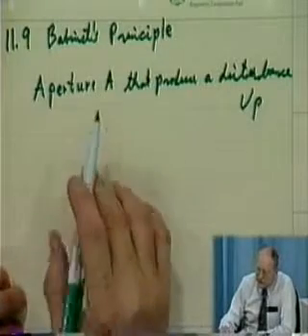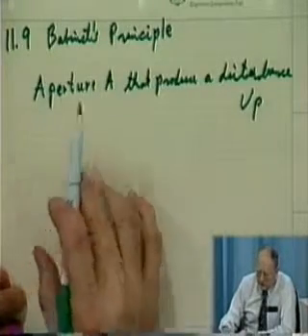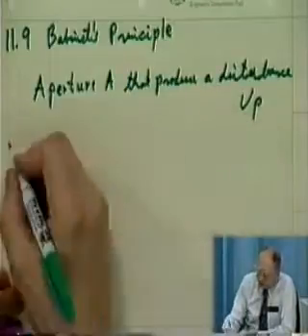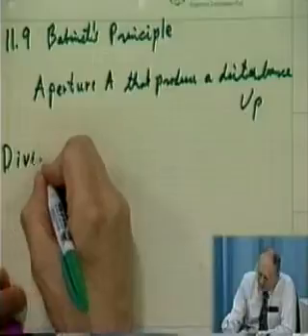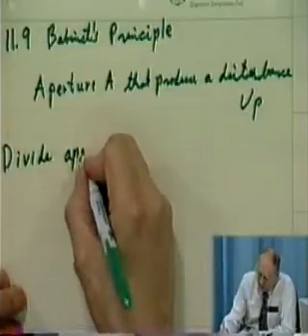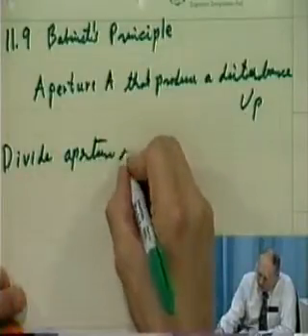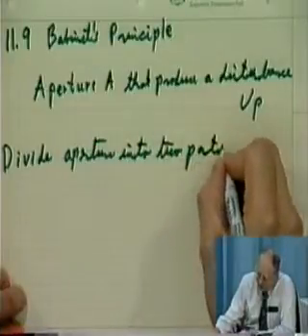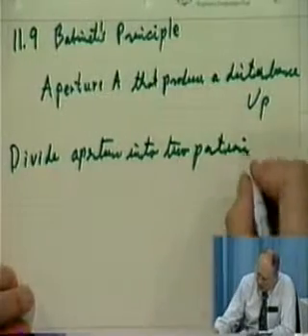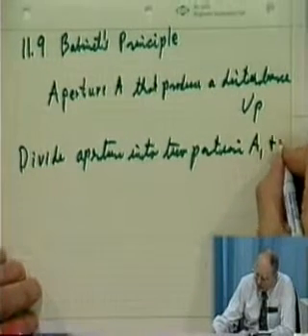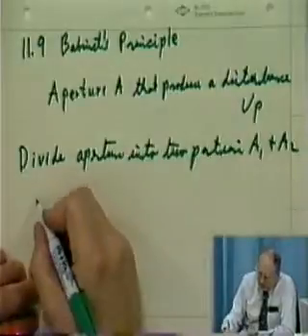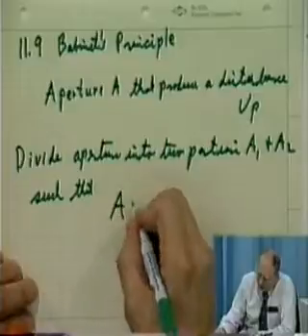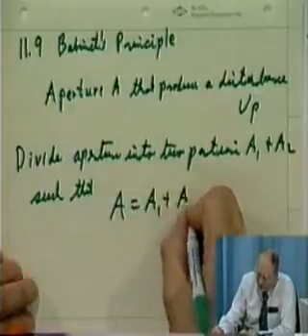Now what we're going to do is break the aperture into two portions, A1 and A2, such that A is A1 plus A2.